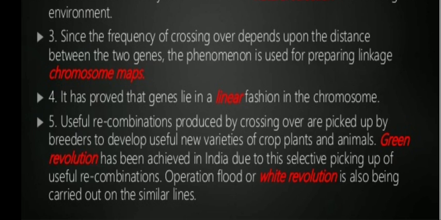The Green Revolution has been achieved in India due to the selective picking up of useful recombination. Operation Flood or White Revolution is also being carried out on similar lines.